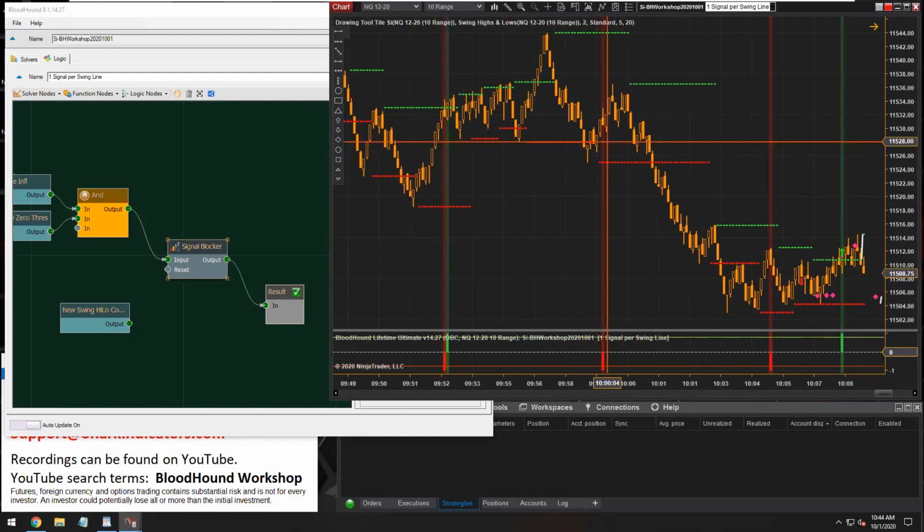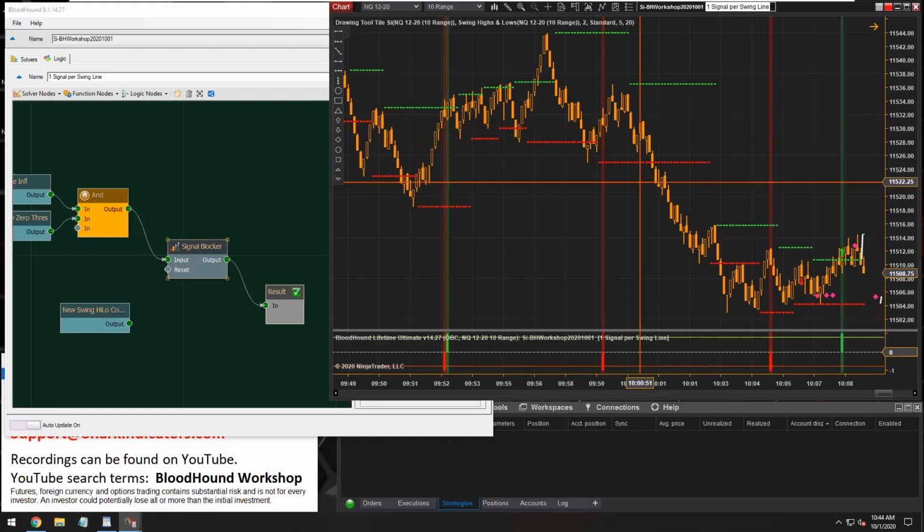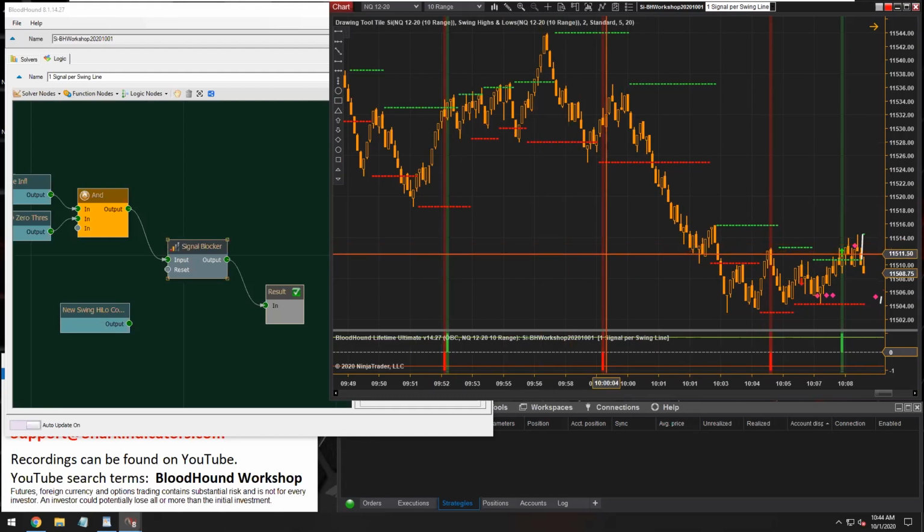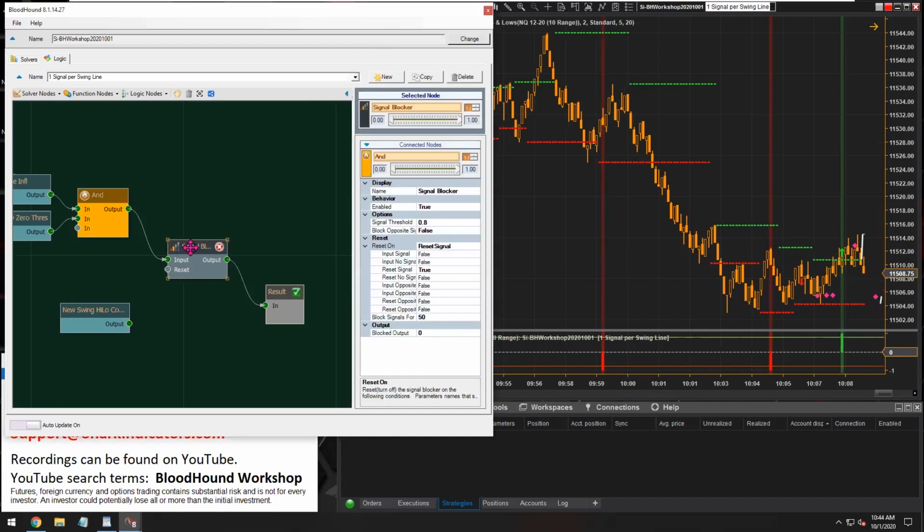So you can see we have a signal here, and then after 50 bars, we're going to get another short signal. So we can see we have a short signal over here, and then 50 bars or more later, we'll get another short signal. So the signal blocker is blocking signals for a minimum of 50 bars. And then once that 50 bars has passed, another short signal or another long signal can get through.